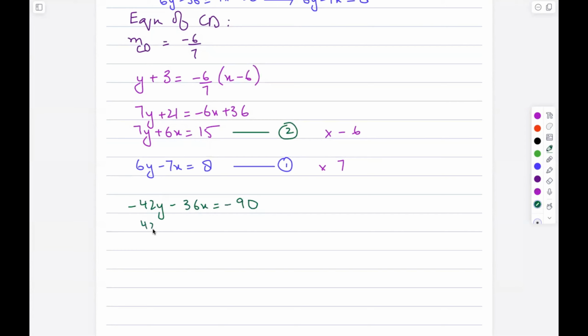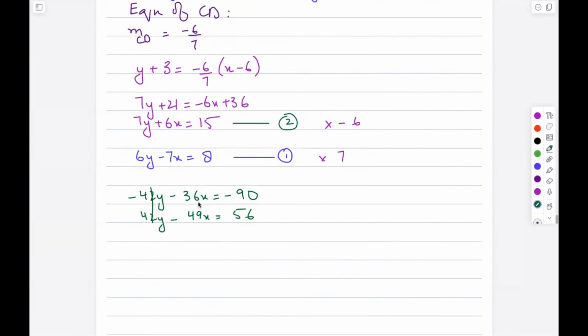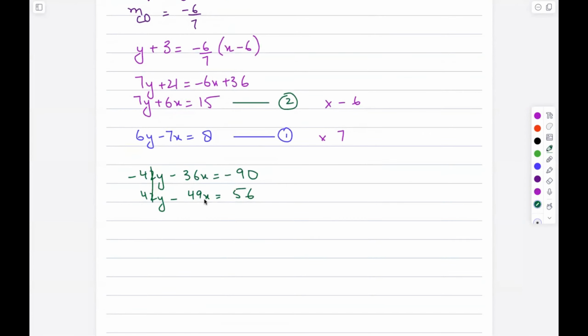This will become 42y minus 49x is equal to 56. So this will cancel out. This will become minus 36 minus 49, that is equal to minus 85. So this will be minus 85x is equal to minus 90 plus 56, which is equal to minus 34.